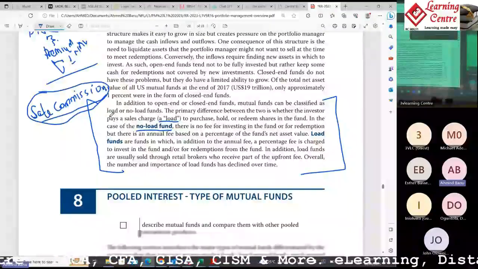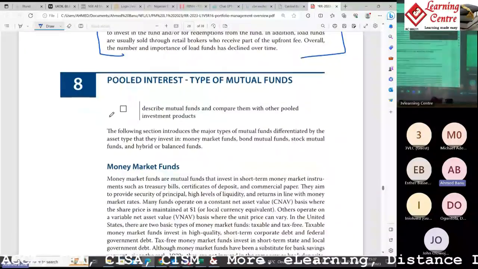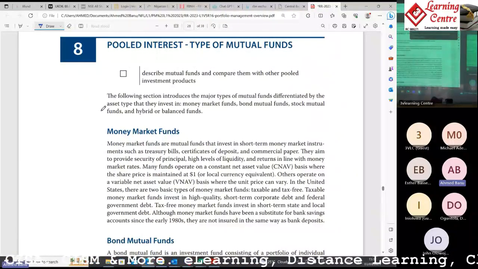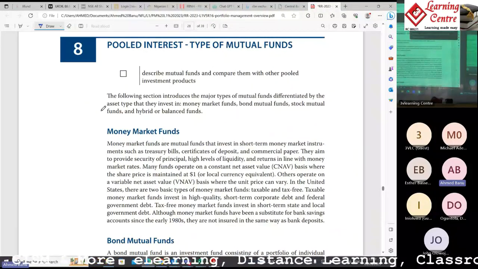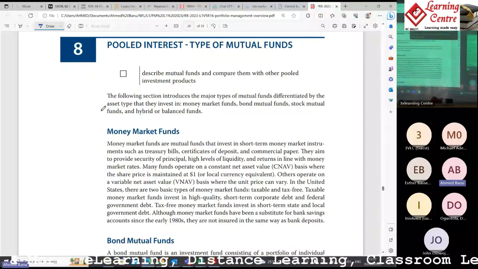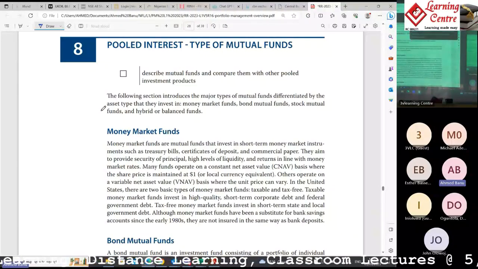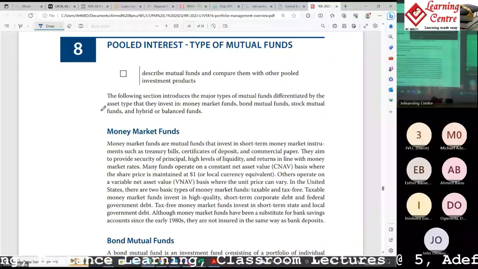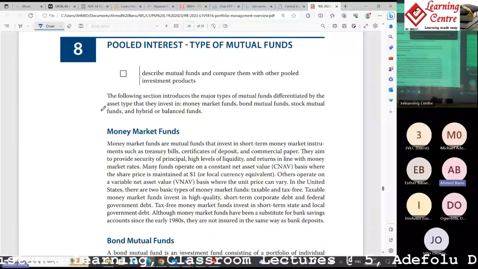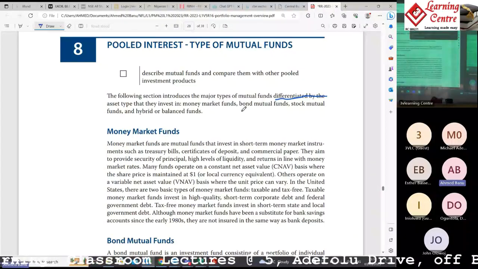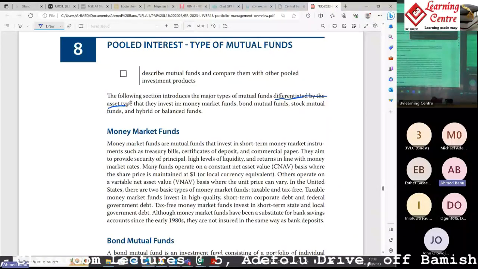Okay. Moving on. Now we have types of mutual funds. I always say this very easily: the type of mutual fund is dependent on the underlying assets. It is differentiated by the type of assets that they invest in.